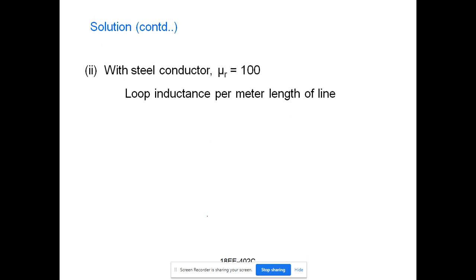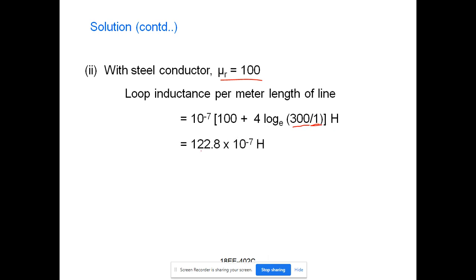Now we will solve for a steel conductor. For a steel conductor, mu r is equal to 100. Substituting the data in the same formula, we get 10 to the power of minus 7 into 100 plus 4 log e into 300 by 1, where 300 is the distance between the conductors and 1 is the radius. On solving this, we get 122.8 into 10 to the power of minus 7 henries.